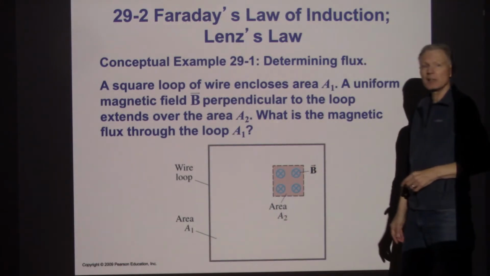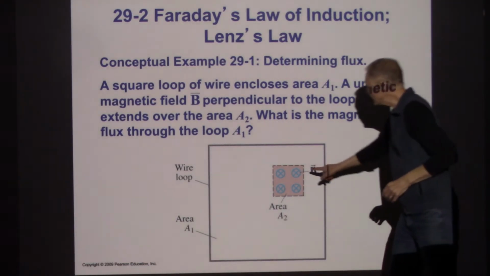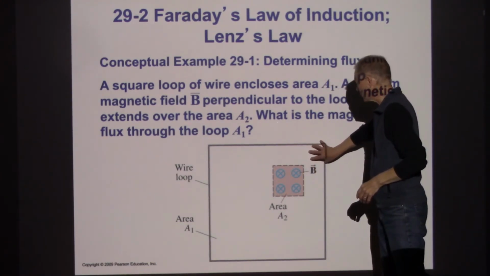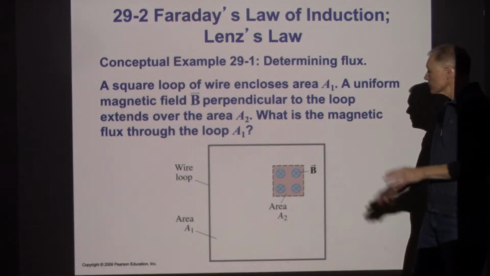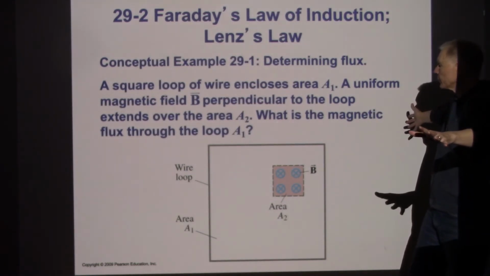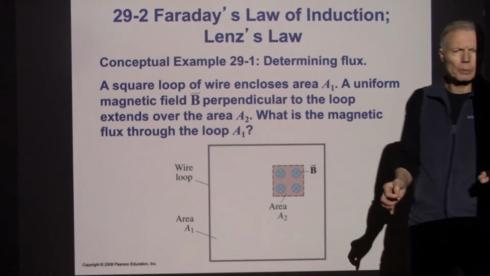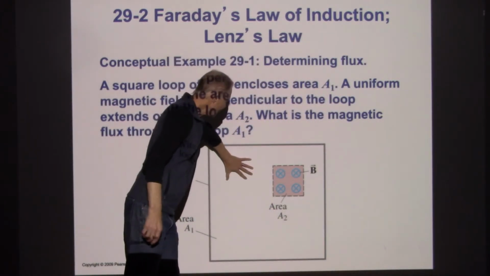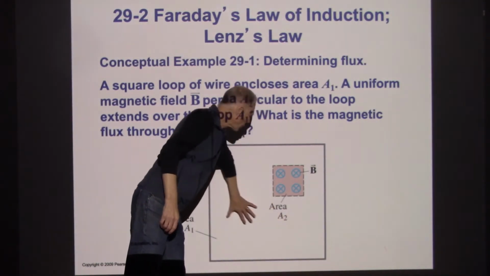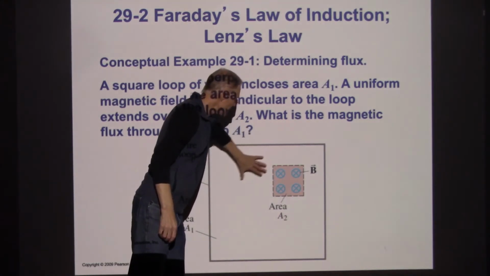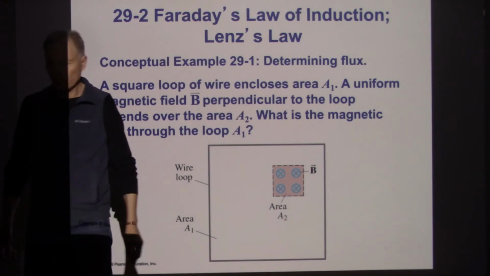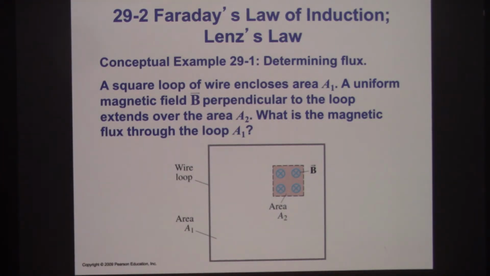And the answer is, as you might guess, I just want to use this area where the magnetic field actually is. That's the flux. Sure, I've got this big area defined by this wire loop, but when I carry out the integration, the magnetic field here is 0. So I'm not going to include flux from this region, so only where the magnetic field is present is where we would calculate the flux.